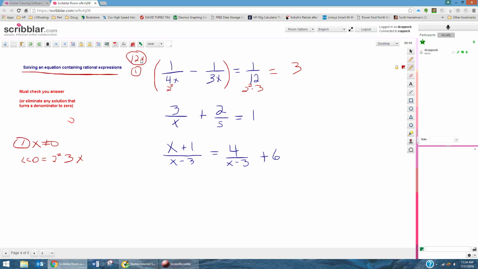When I take the 12x times the 1 over 3x, the x's cancel out. 3 goes into 12 4 times. 4 times 1 is 4, but I do have this minus sign here. 12x times 1 over 12, the 12's cancel out, and I get x times 1 is x. I really shouldn't put an equal sign here.